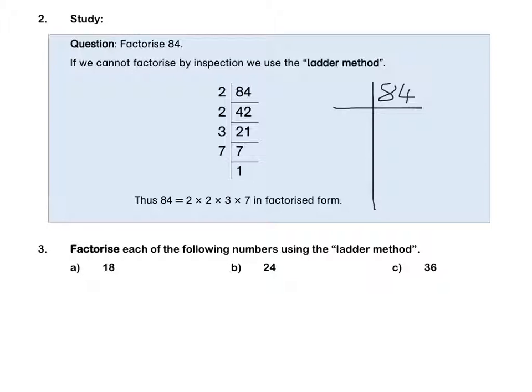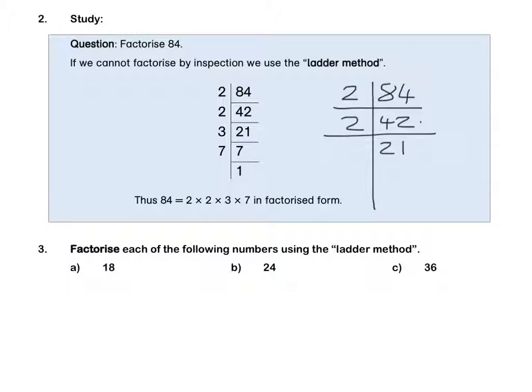Can 2 fit into 84? Yes, so we write it down as one of its factors. And 84 divided by 2 is 42. Then 42 is our next number. Can 2 fit into 42? Yes. And the answer is 21. Now, is 21 divisible by 2?